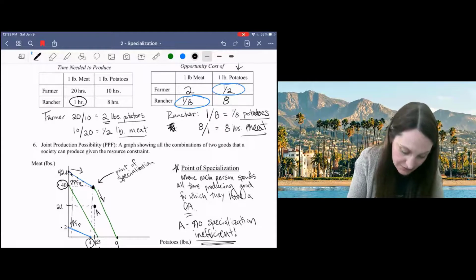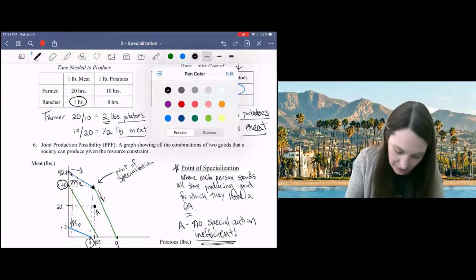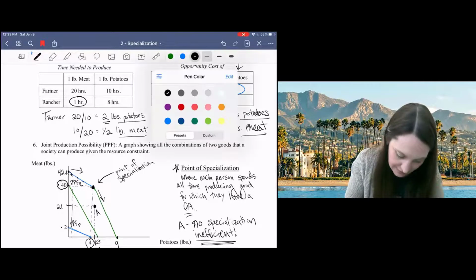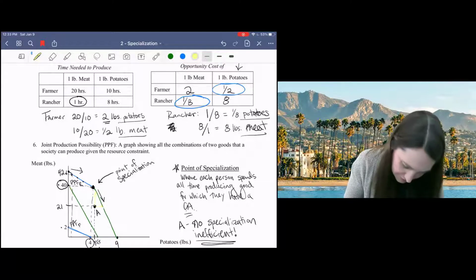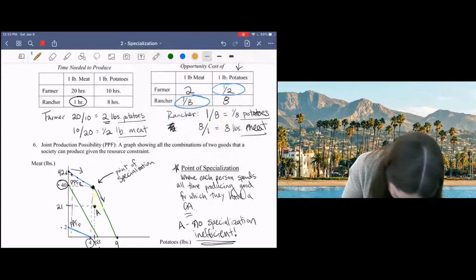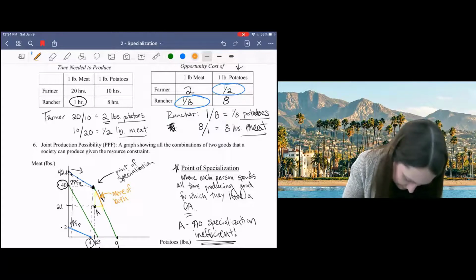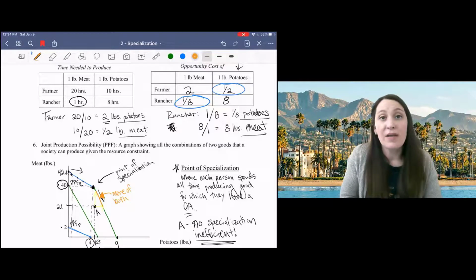In other words, we could, compared to that point A, get more meat, more potatoes, or more of both. So as a society, we can produce more of everything through specialization.